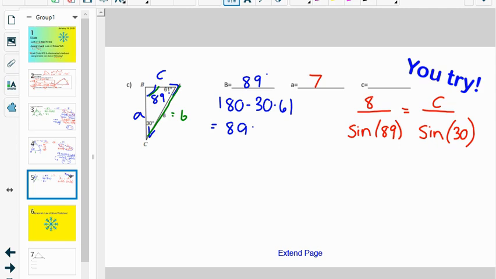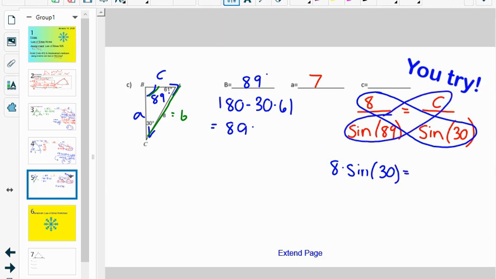So there's our setup, and now we're going to solve by cross multiplying. 8 times sine of 30 equals, cross multiply, C times sine of 89.